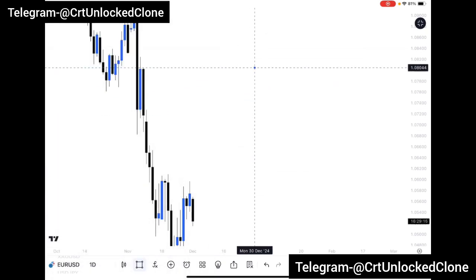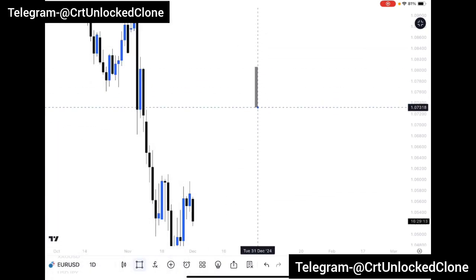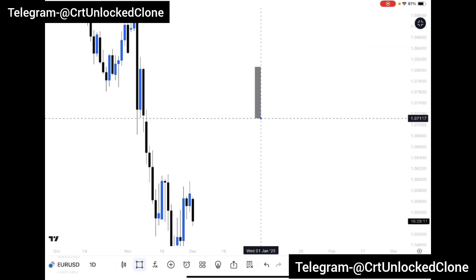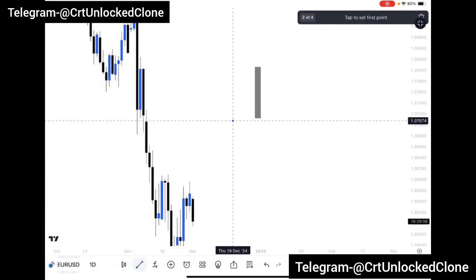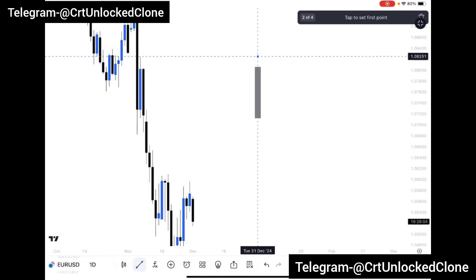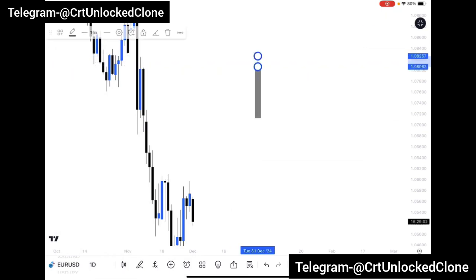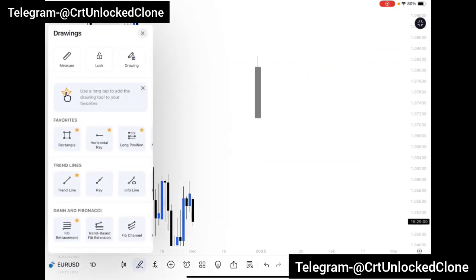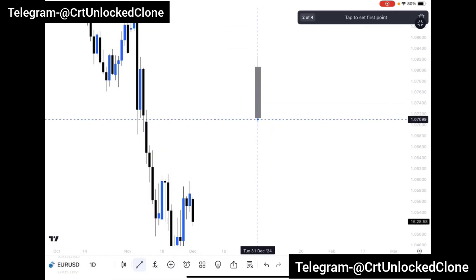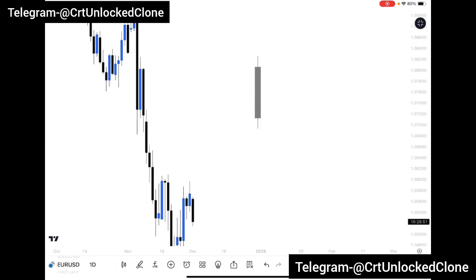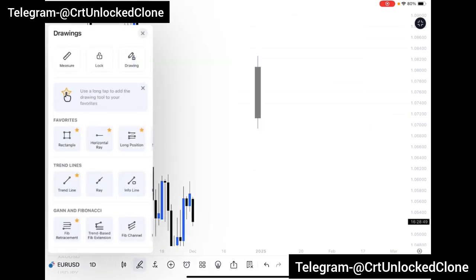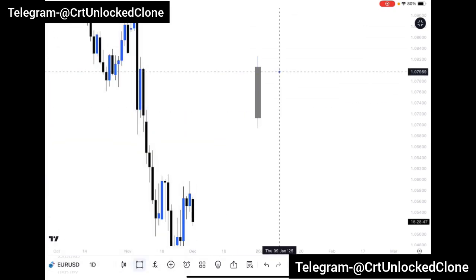First, I'm drawing a candle. Trend line, and it's a CRT candle. And guys, don't worry, I will tell you why it's a CRT candle. Again, the next candle.